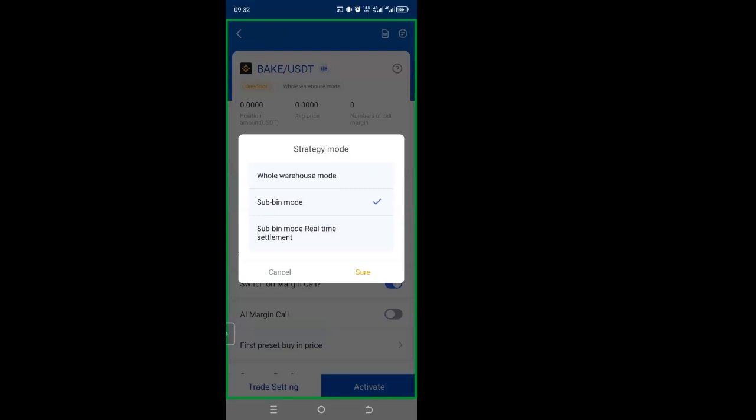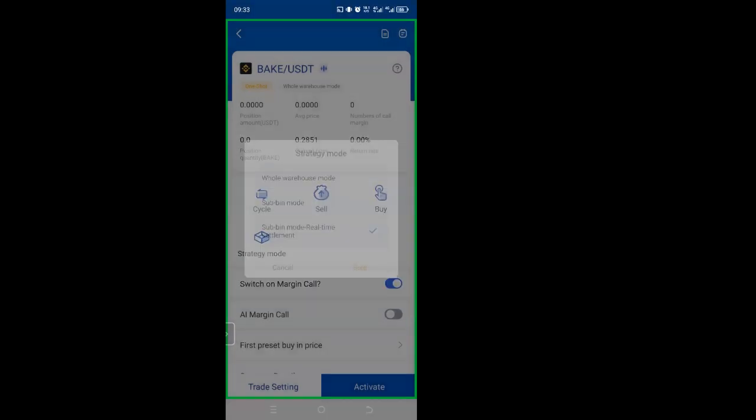When you use the sub-bin mode, you're saying that the robot should sell but should not yet deliver your profit on your Binance, but continue to use your profit to make more money for you. But when you use the sub-bin mode real-time settlement, you are telling the robot, please, every time you sell, deposit my profit on my Binance immediately and charge the gas fee immediately.